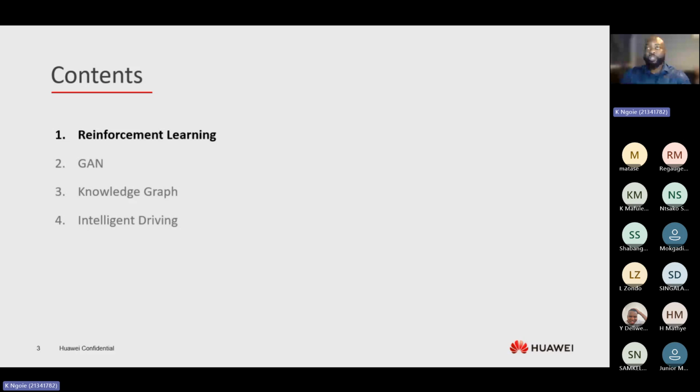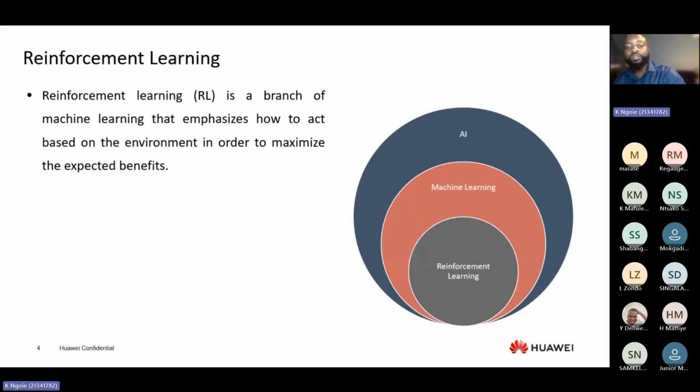All right. So thinking of reinforcement learning as we define it, it's just a branch of machine learning that emphasizes how the machine is being trained. The machine is trained by placing an agent in a certain environment in order to maximize the expected benefit, which we call the reward.